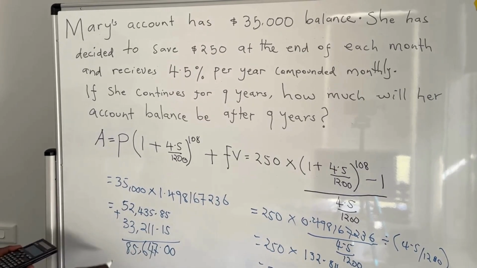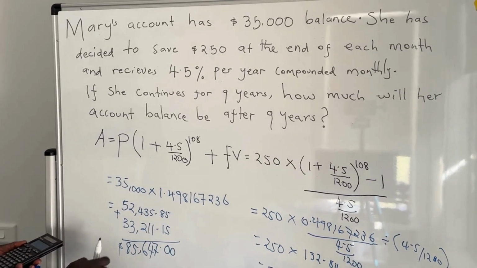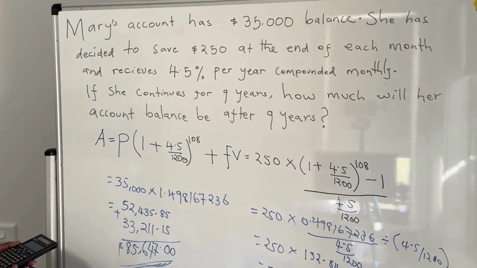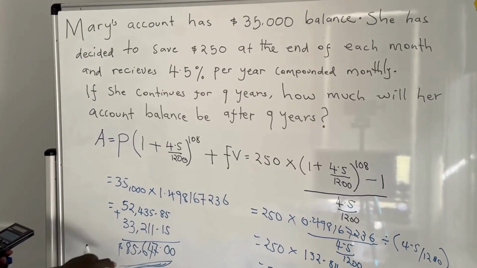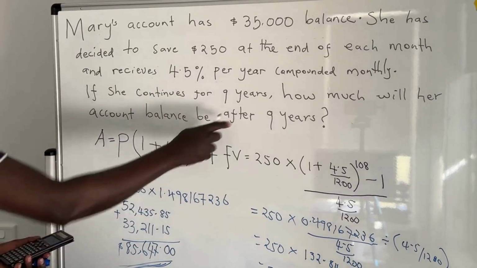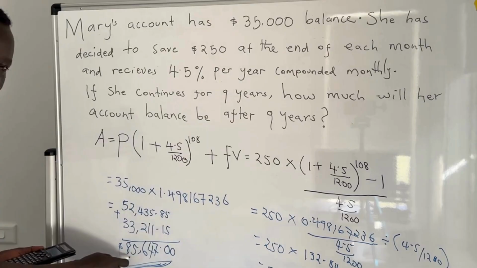And this is a dollar sign, so you have this amount. So this is what she will have in her account after 9 years. So this is the answer.